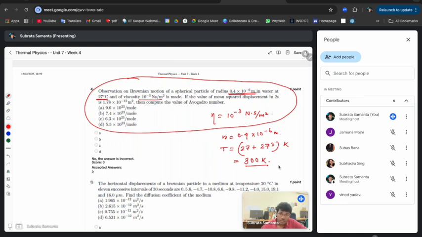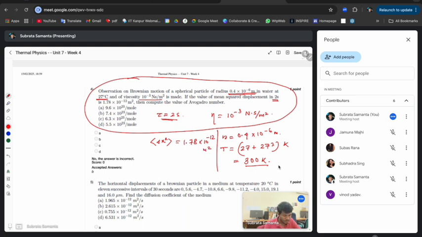The mean square displacement in tau equal to 2 seconds, that means delta x square, the mean average, is given as 1.78 times 10 to the power minus 12 meter square.